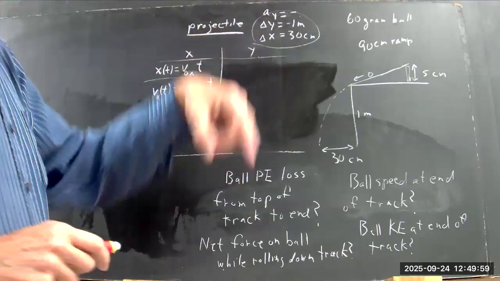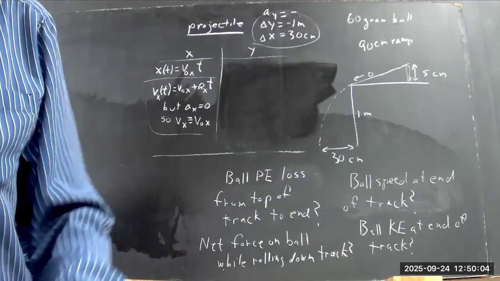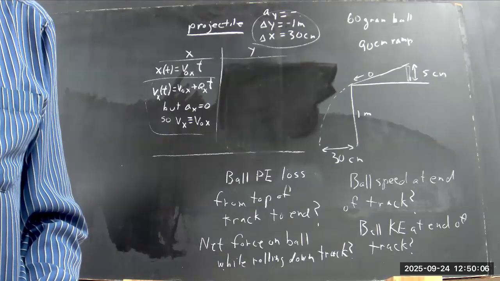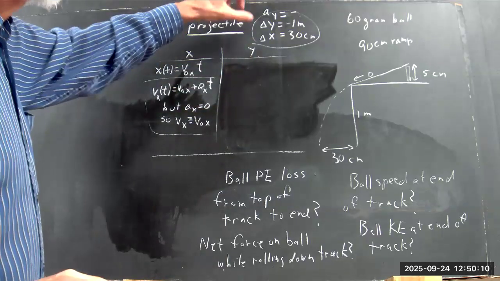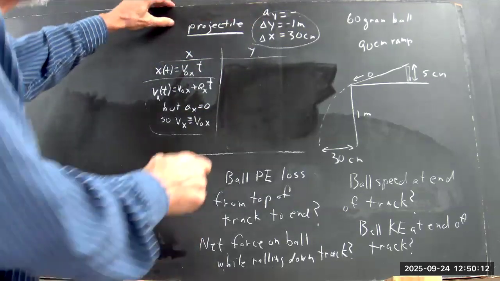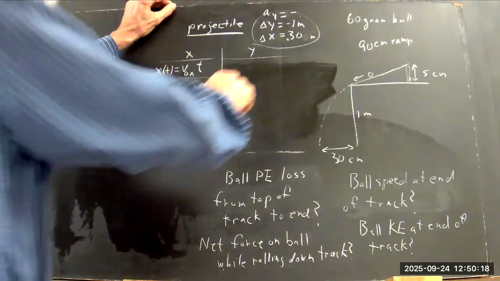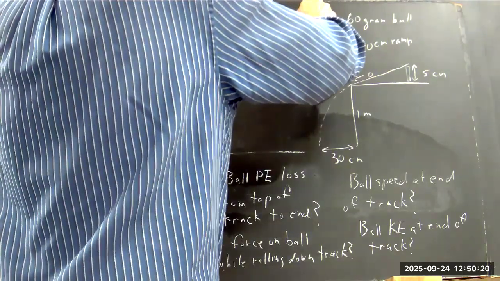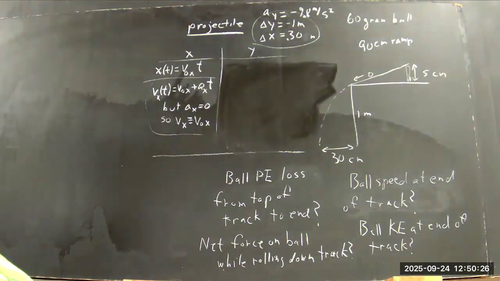Do we want to use meters and seconds or centimeters and seconds? The numbers are a little inconvenient either way. But I'm going to say delta x is 0.3 meters. So ay is -9.8 meters per second squared. That makes sense?